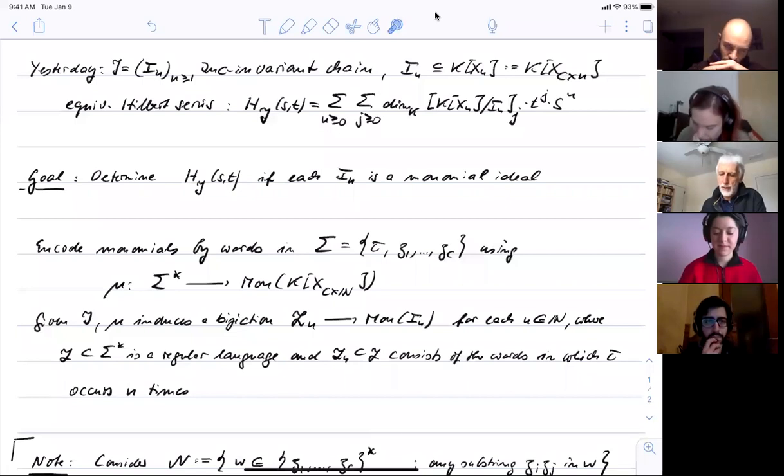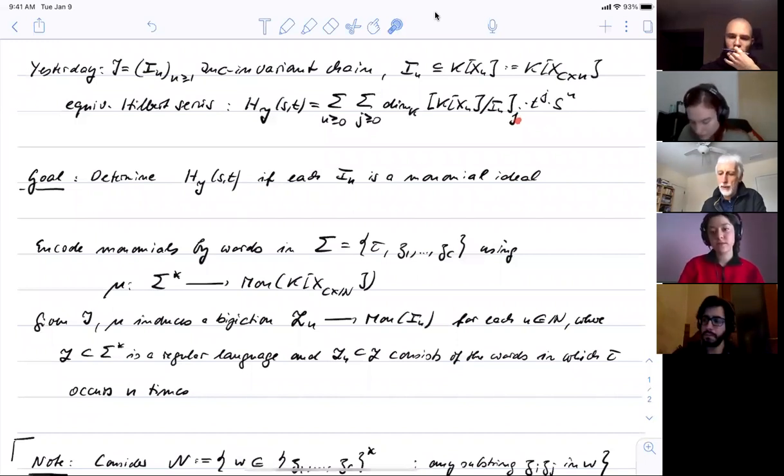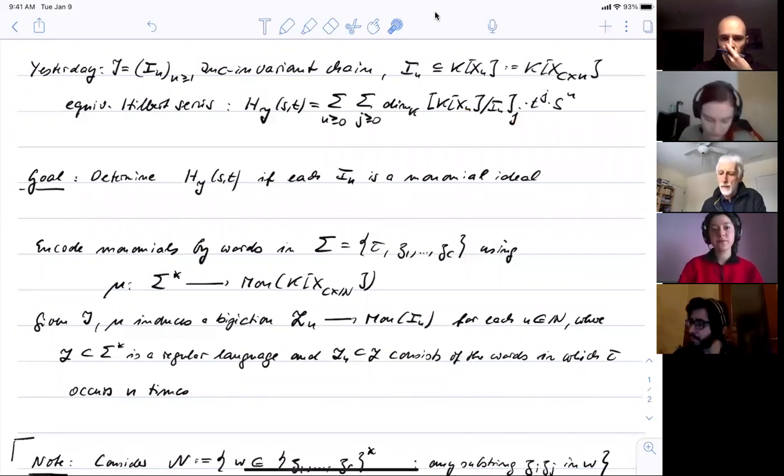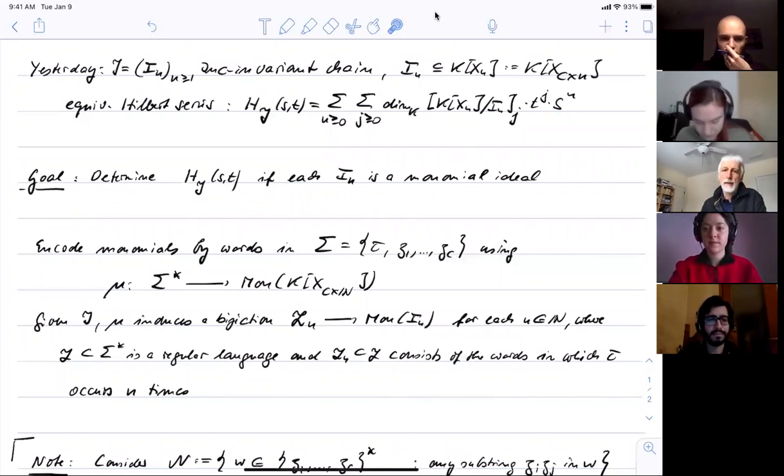Basically, for each n, you have a quotient ring. In each degree, it's a finite dimensional vector space. Take its dimension and then multiply. Keep track of the degree and the stage in the chain you are by multiplying by suitable powers of the variables. And we have seen that's always a rational function. We looked at some examples, and then we started discussing how to compute this, actually.